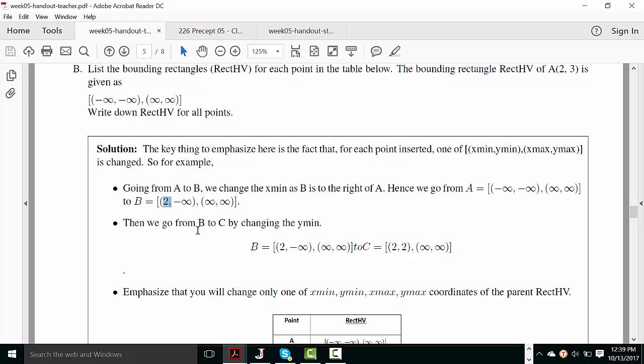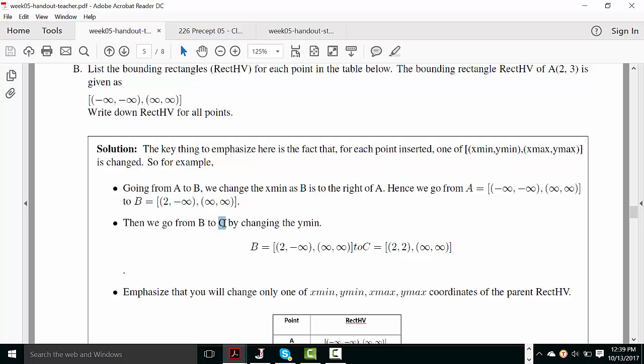So we did that. Now going from B to C, we went to the right of B. So we are changing again one coordinate. So which coordinate are we going to change? In this case, we compare the y coordinates.